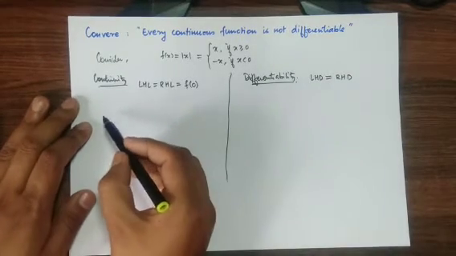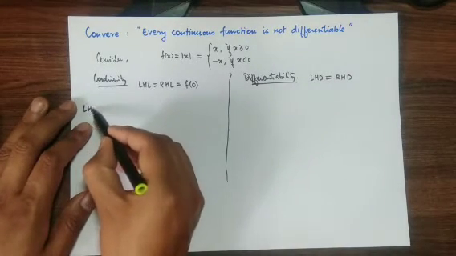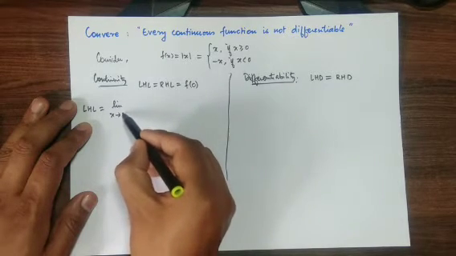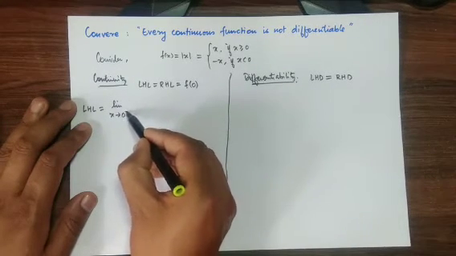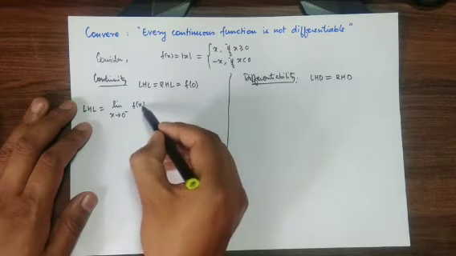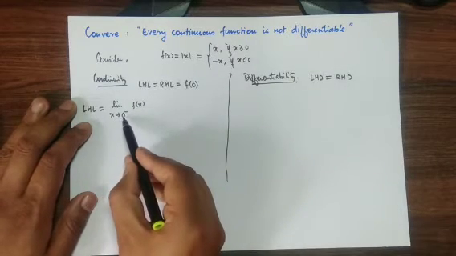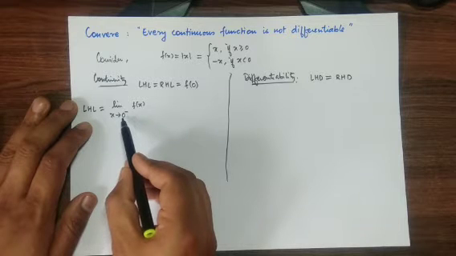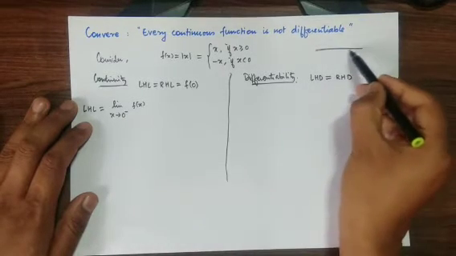Now left hand limit is given by limit x tends to c minus, that is 0 minus, f(x). That means this x is approaching 0 from the left side, so that's why this x is less than 0. Let me draw the diagram and show.